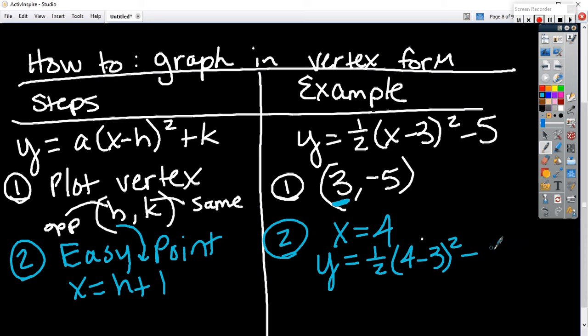This makes it nice too because when you stay close to the vertex here, you usually get 1 in parentheses. So I get 1/2 times 1 squared minus 5, which ends up being negative 4.5. Does that make sense? Am I going too fast? Can you see it now?